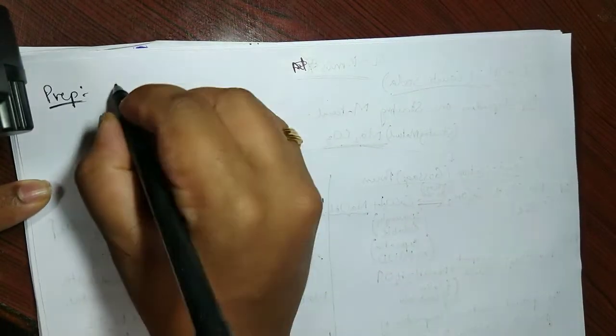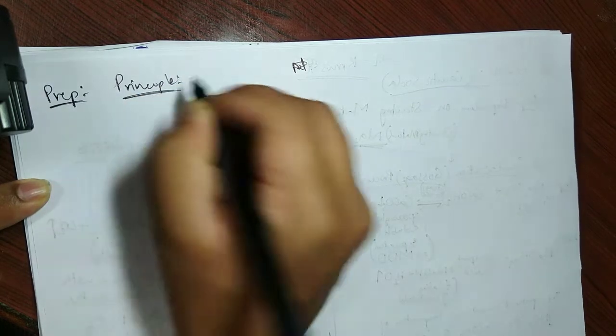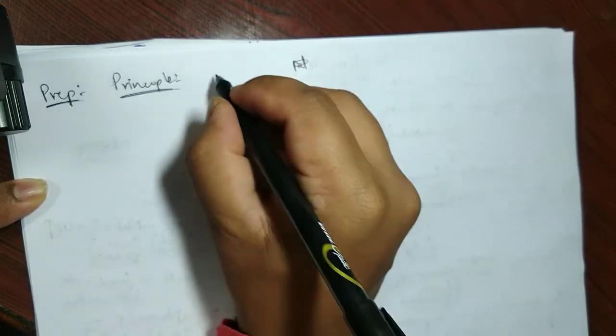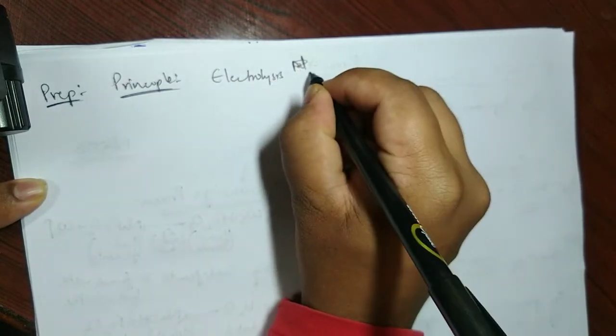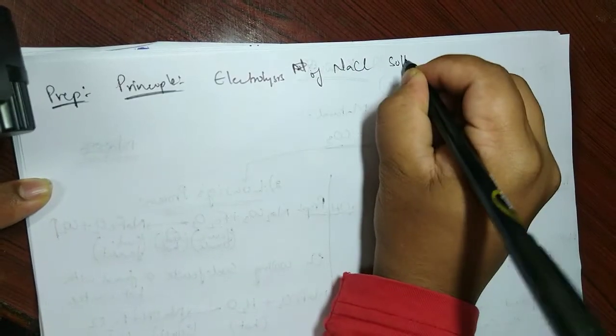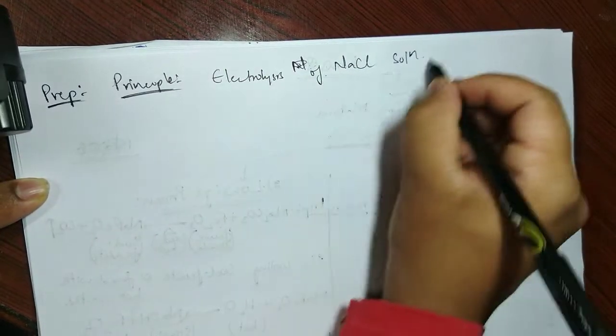Already we have discussed it and you have studied it many a time. The principle involved in this is electrolysis. You take sodium chloride solution and then perform electrolysis, right? Electrolysis of NaCl solution.